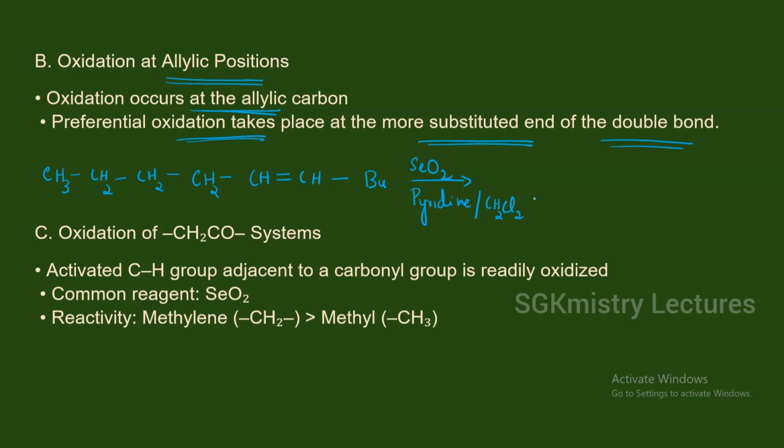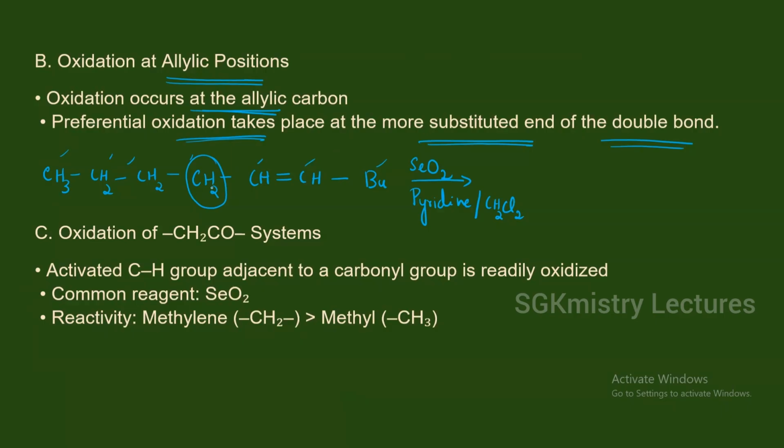So here what is going to happen is, now we know that the CH groups which are adjacent to the double bond. So here this particular CH group is adjacent to the double bond, right? So we have, now you see here 1, 2, 3, 4, 5. There are 5 carbon atoms this side, and here also there are 5 carbon atoms. So here, when we are talking about the oxidation, preferential oxidation takes place, but here on either side there are equal numbers of carbon atoms.